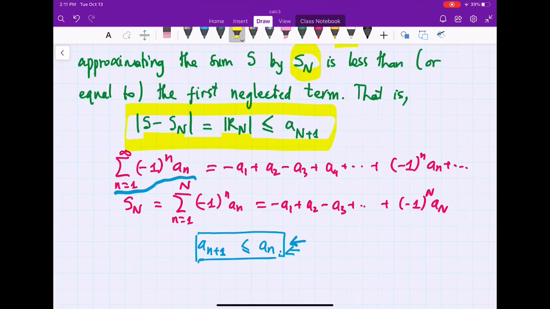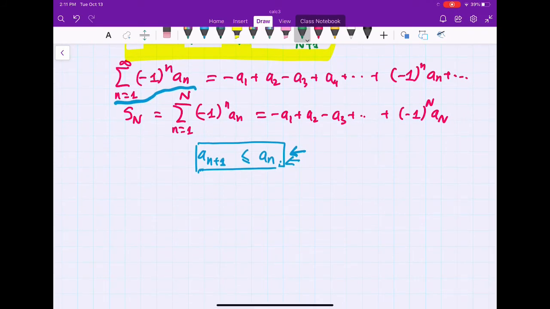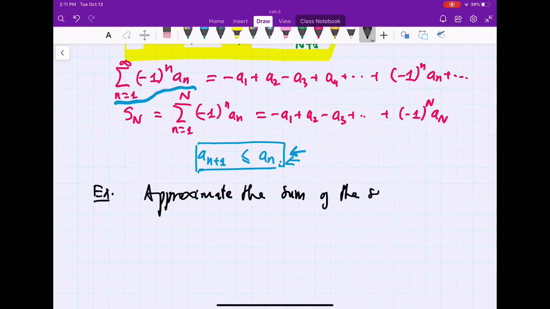So let's consider the following example. Let's approximate the sum of the series by its first 6 terms.